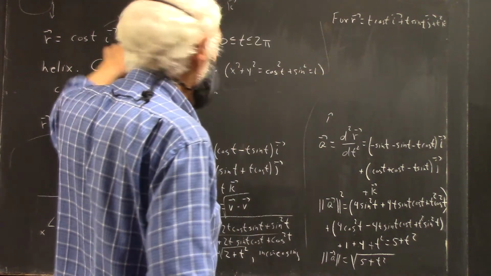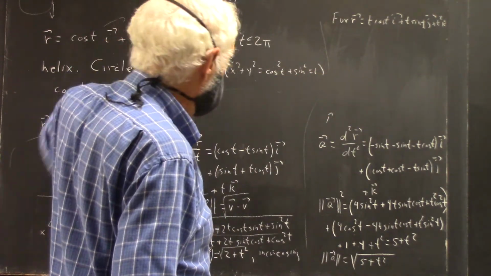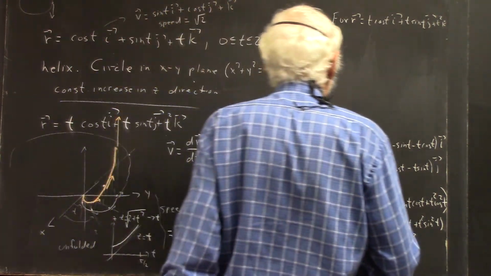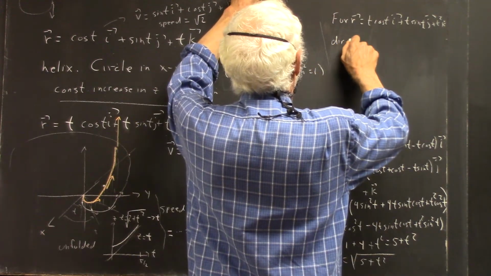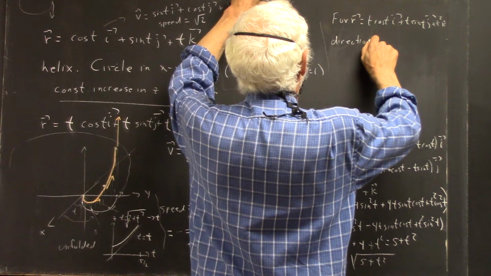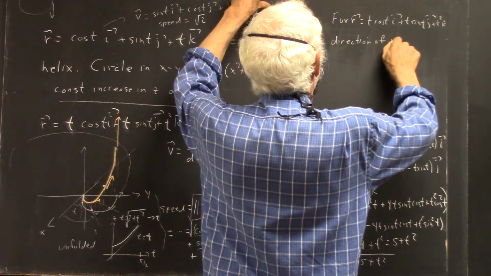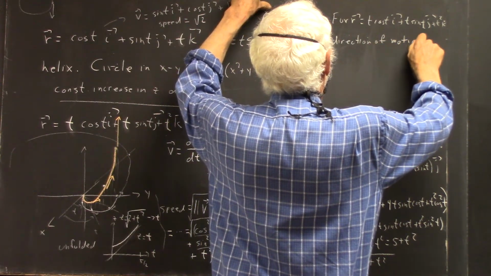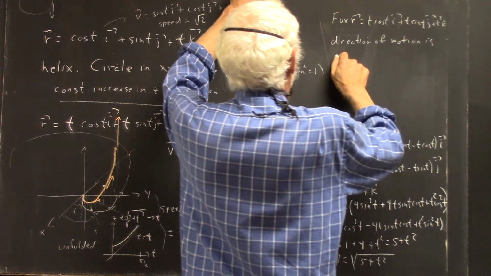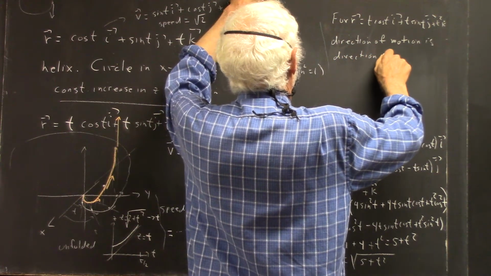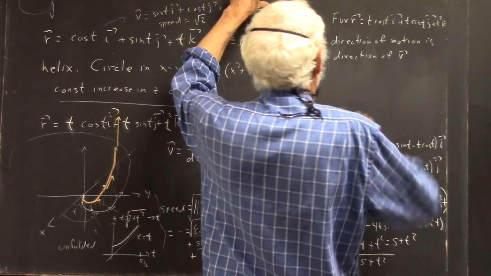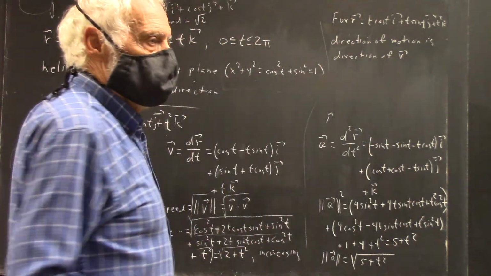In other words, for this one and not this one. The direction of motion is the direction of your velocity.